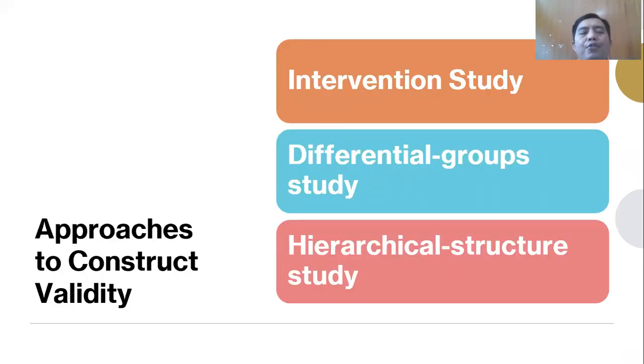There are three approaches to construct validity, namely intervention study, differential group study, and hierarchical structure study. But I will only briefly discuss the intervention study because the other two will be discussed by Bu Melissa.